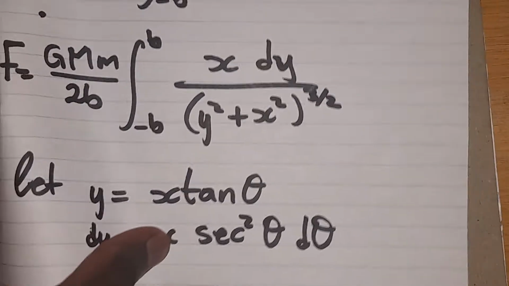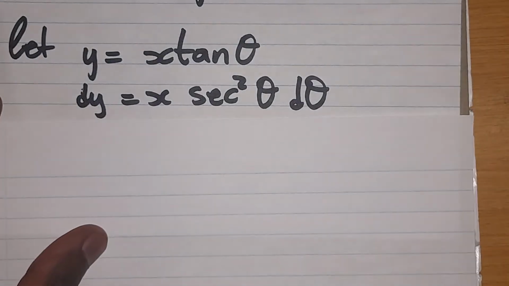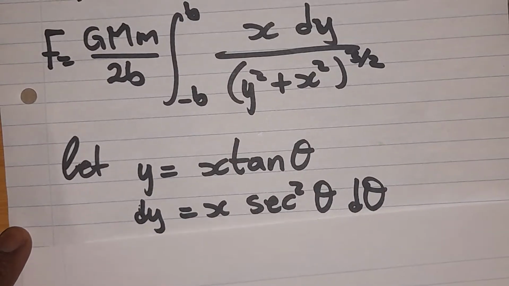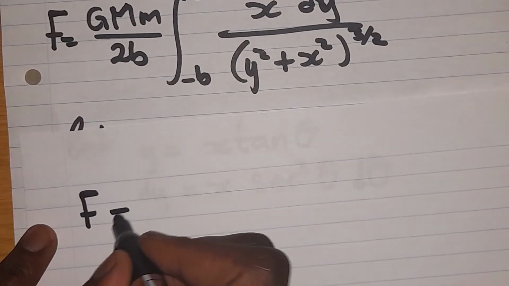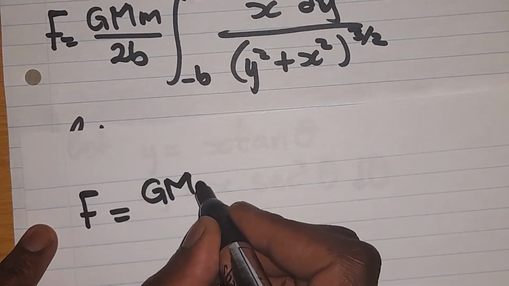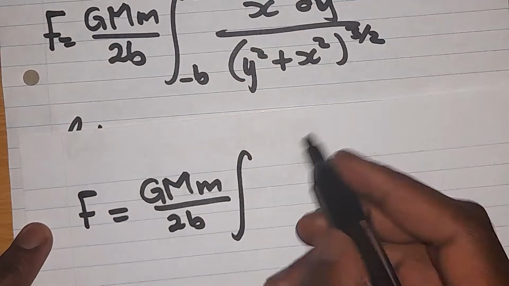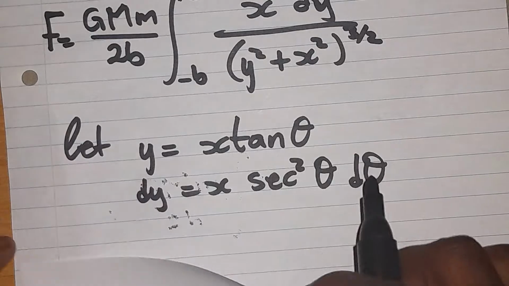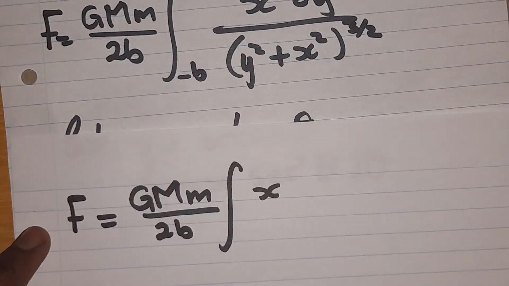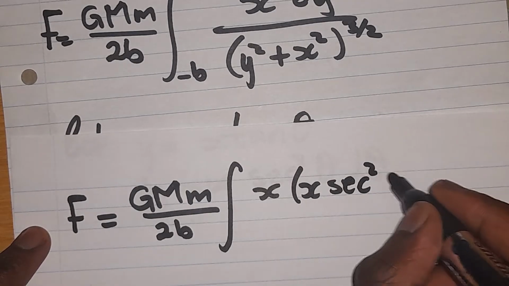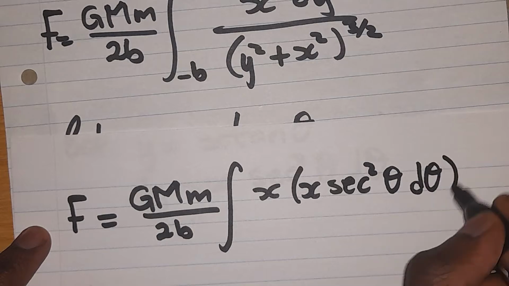After getting our substitution, we'll come back to our formula. We substitute for these two quantities in our formula. We'll get that F is equal to G m, capital M, all over 2b, times the integral. We said our x stays the same, but our dy, which is x sec squared theta d theta, right?